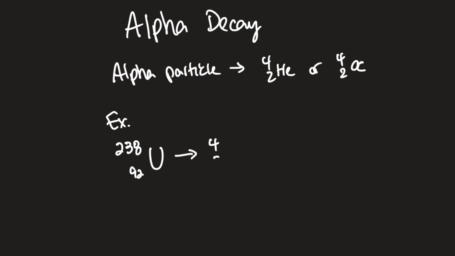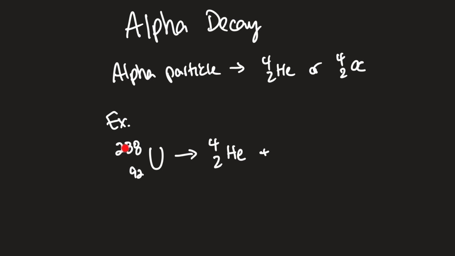First, we're going to write our alpha particle. Through the law of conservation of matter, nothing is ever created or destroyed, so the mass numbers and the atomic numbers must be conserved on both sides of the equation. Since I have 238 as the mass number here, the sum must be 238 on the other side. Same thing with the atomic number: it's 92, so the atomic number on the right side must equal 92 as well.